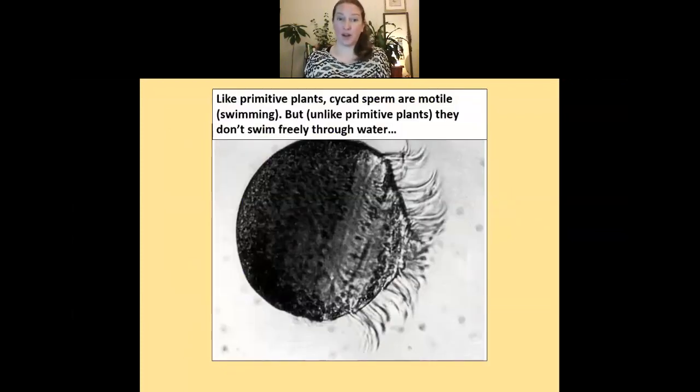So here's a picture of a pollen grain, and this is a picture of cycad sperm, and similar to the plants we've seen so far, cycad sperm still swim. However, unlike the primitive plants we've seen before, when the cycad sperm swim, they don't swim through water. We'll talk about that a little bit more as we develop this concept.